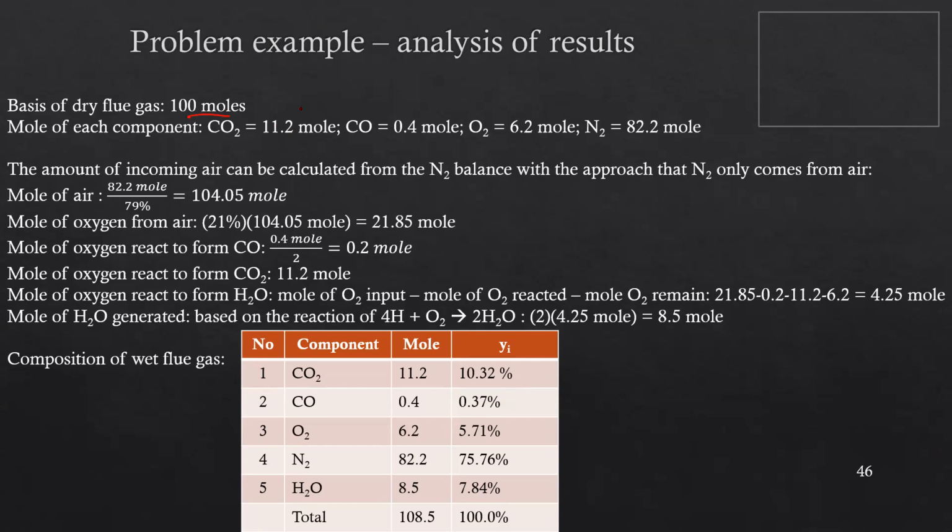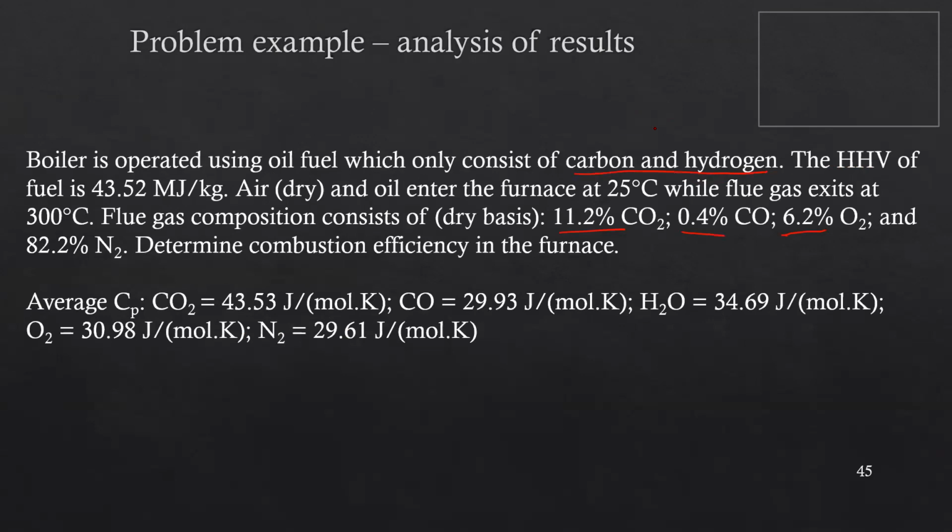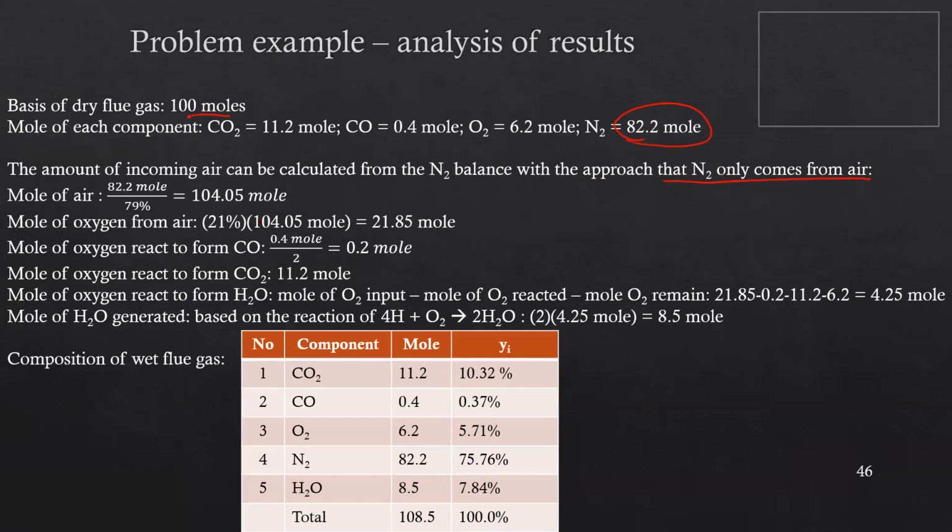The next step is we assume that the amount of incoming air can be calculated from the nitrogen balance, with the approach that nitrogen only comes from the air. So we can calculate the moles of air by dividing the moles of nitrogen, which is 82.2 moles, by 79%, which we assume is the percentage of nitrogen in the atmosphere.